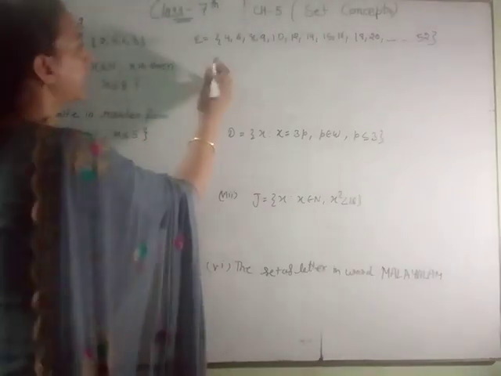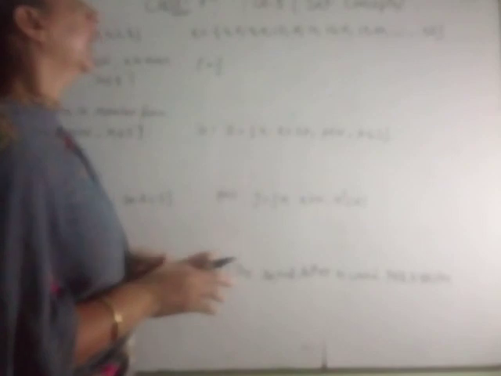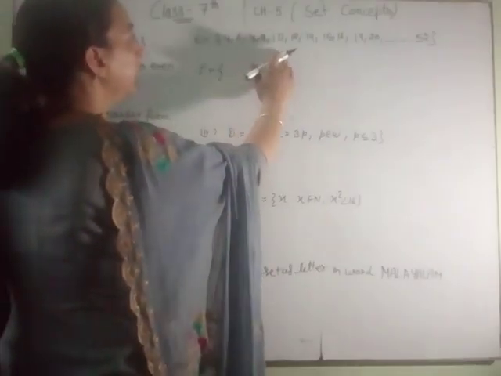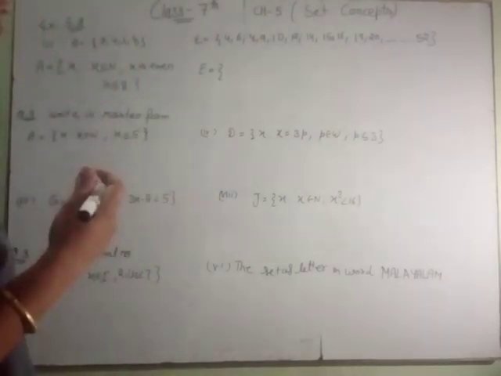Next is set E. We write the set builder form of this set. There are 4, 6, 8, 9, 10, 12, 14, 15, 16, 18, 20. Students, there is 4, not 5, not 7, and there is 8, 9, 10, 12, 14, 15, 16, and not 17, 18, 20.